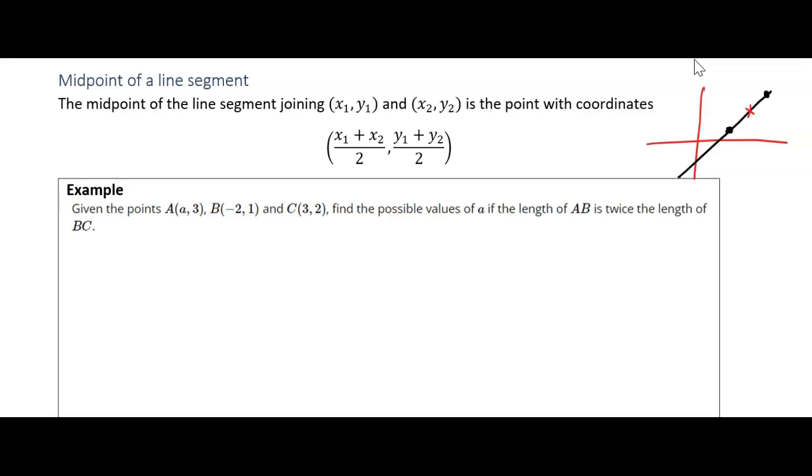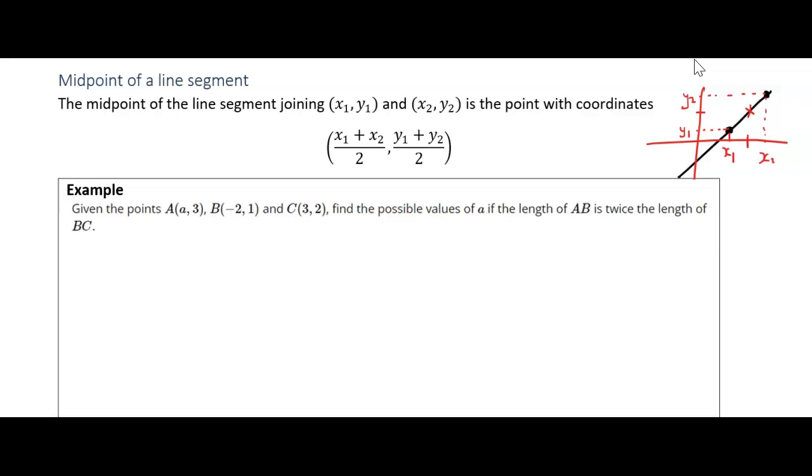We've got x1 and x2, just the x coordinates, and y1 and y2. Halfway between x1 and x2, I add them together and divide by 2 to give my halfway point. And then the same for the y coordinate: add y1 and y2 and divide by 2 to give you your halfway point.